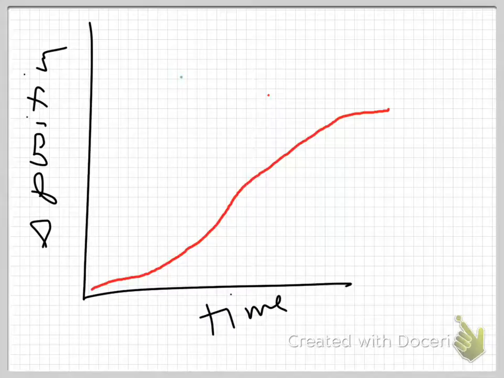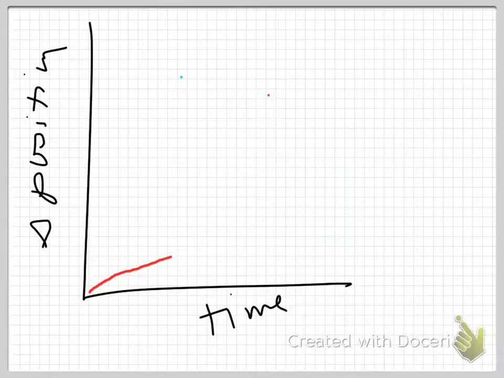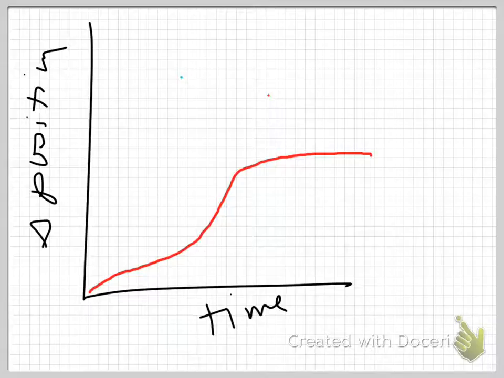Let me fix that up a little bit. Okay. Look over that line. Create a narrative for yourself. What is happening to this object? And remember, we're just describing its velocity. And then tell that to the person sitting next to you. See if you agree on a narrative. What do we know about this object?